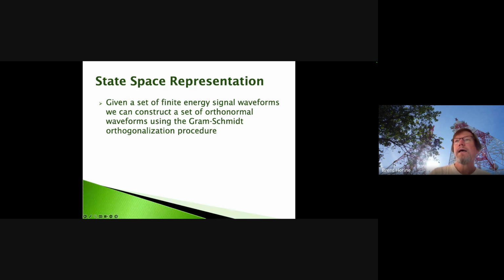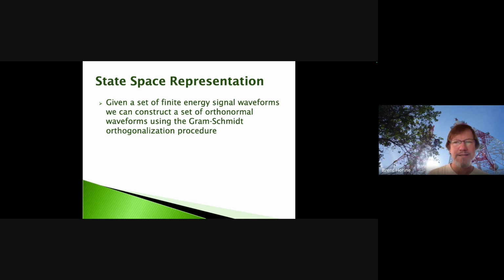So now, given a set of finite energy signal waveforms, and that's an assumption we're dealing with, we can construct a set of orthonormal waveforms using the Gram-Schmidt orthogonalization procedure. Now, the book actually has an appendix on this, so if you're interested, you can look that up.